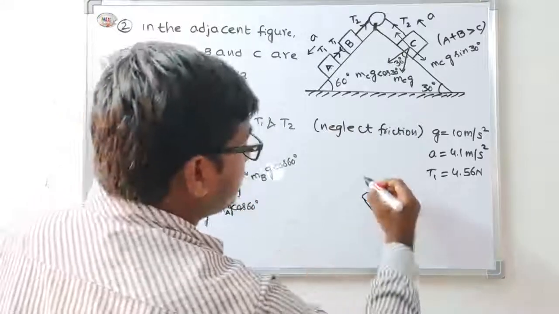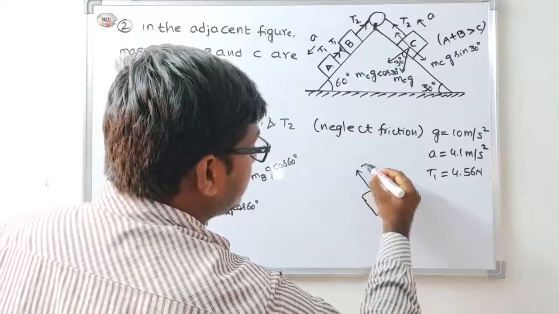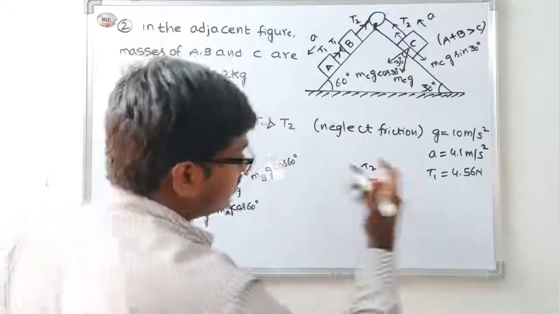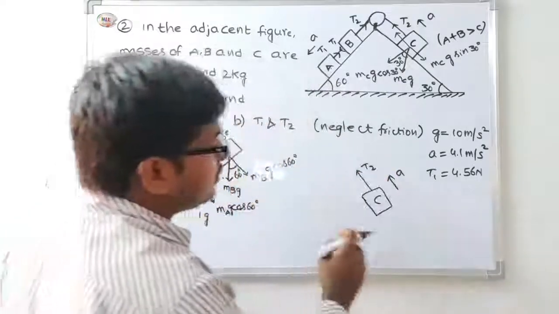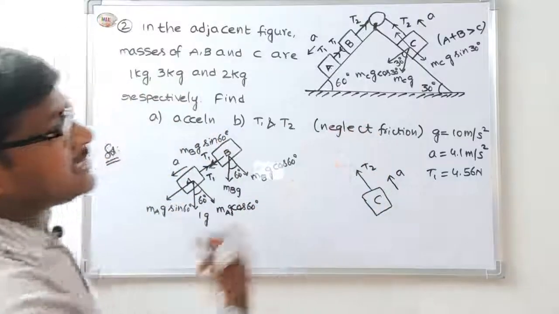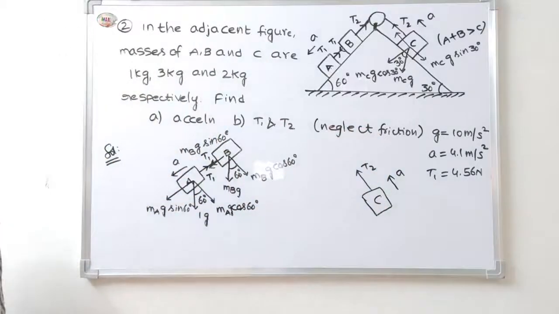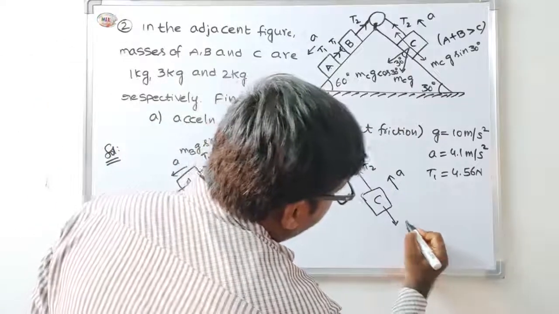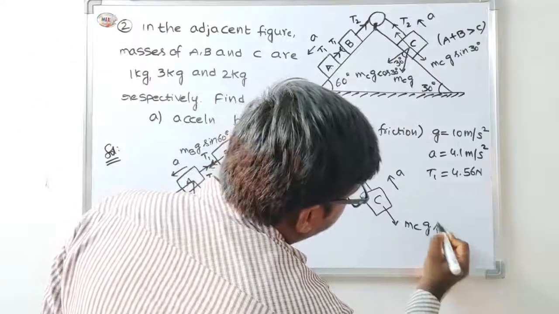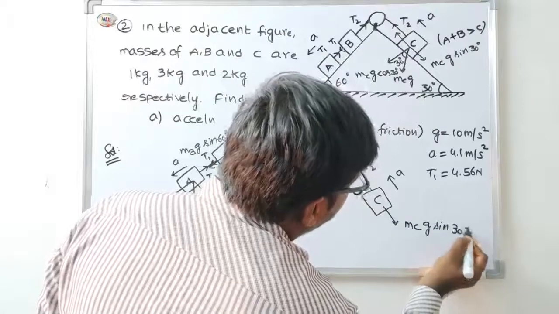C block, the T2 acting along the string, the acceleration is acting in this direction, and MCG sin 30.